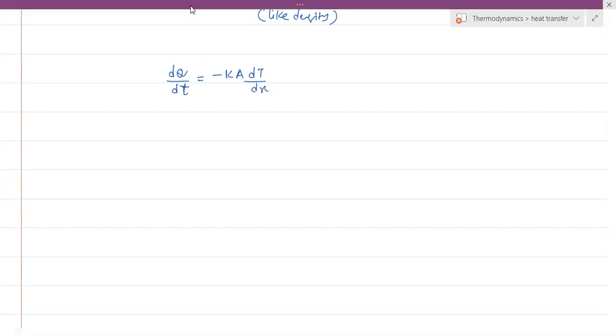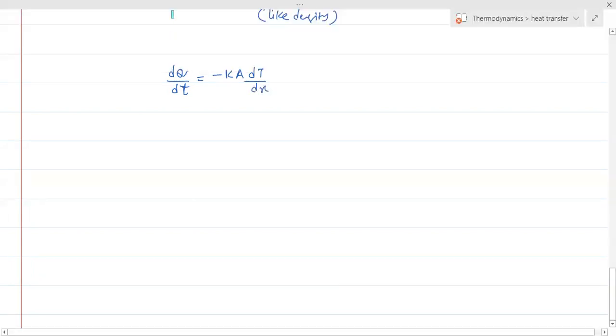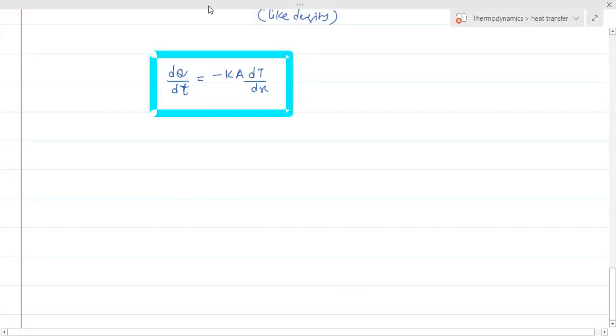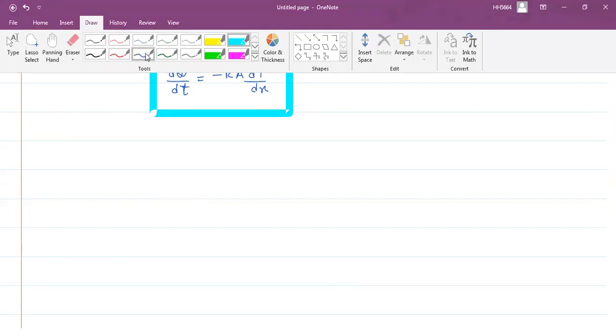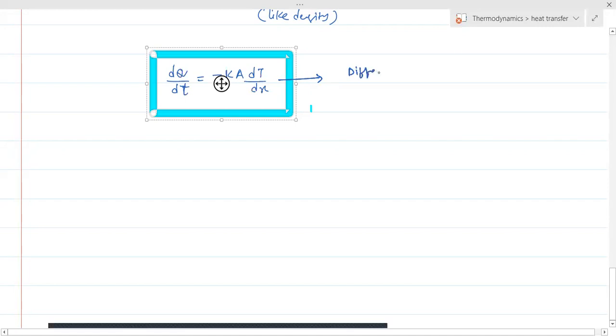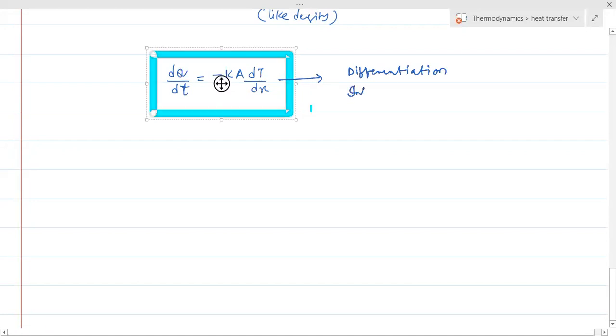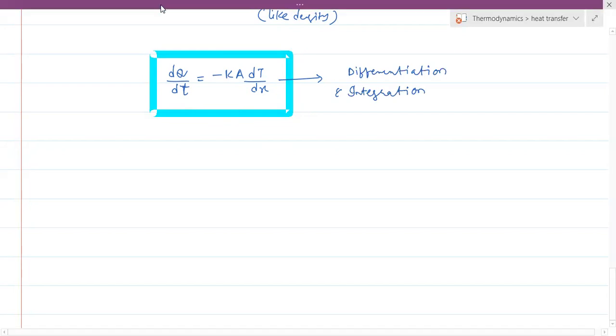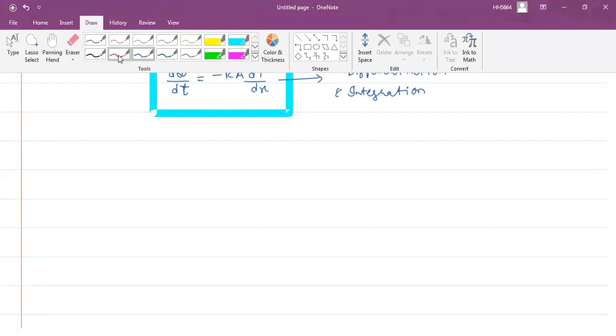This is the form we will take when there is a need, depending on the situation, for differentiation or integration models. Generally, this is the situation where we need it.